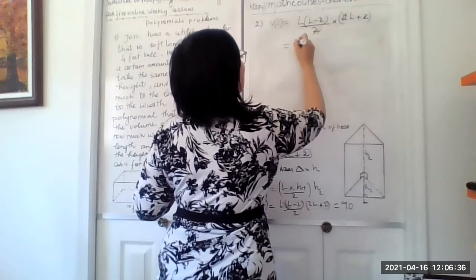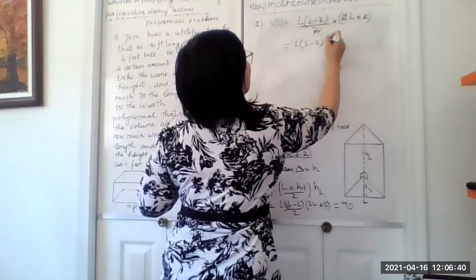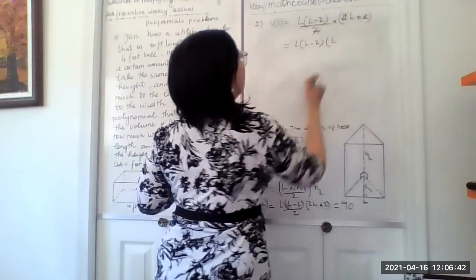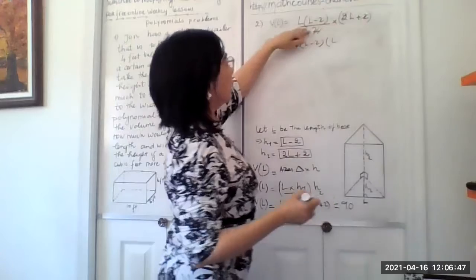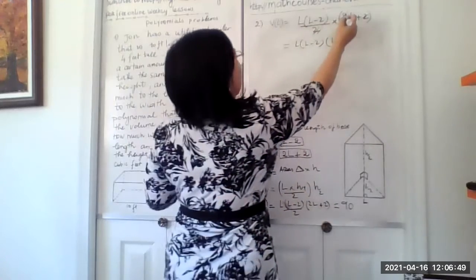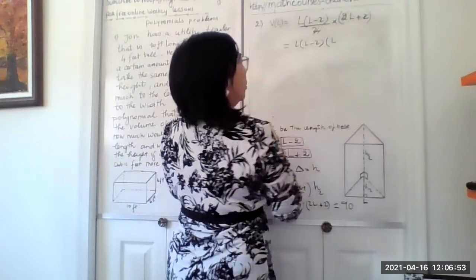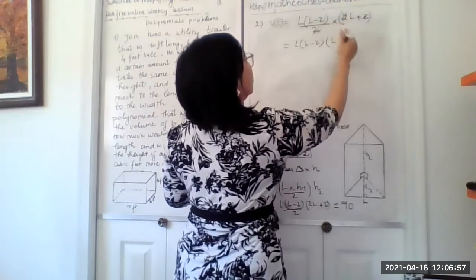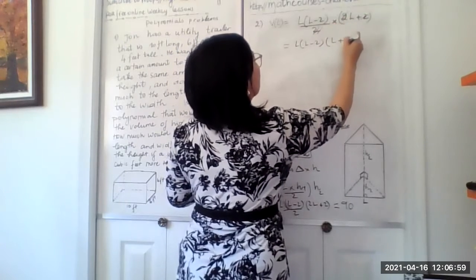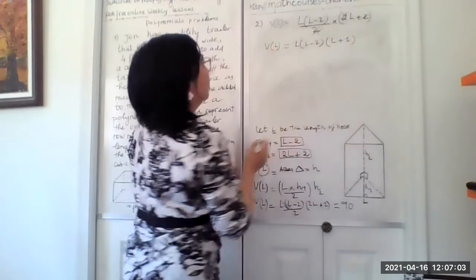I will get volume equal L times L minus 2 times 1L instead of 2L, because they are in brackets, so I am allowed to divide. So I cancel 2 here with 2 here. So 2L becomes 1L because you divide by 2. 2 divided by 2 equals 1. So this is the volume function.